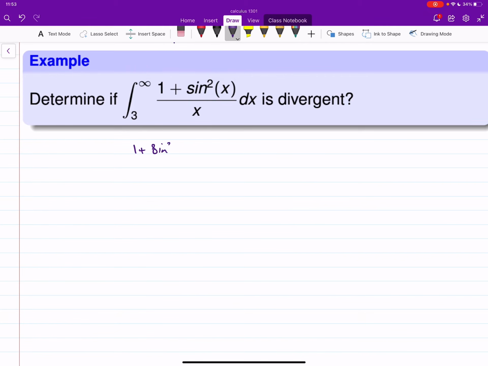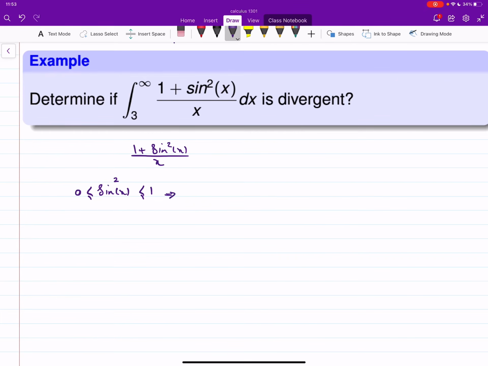our function, sine squared x over x. Okay, so this is my function. Now we are working on x bigger than 3. Now remember this: sine x is between -1 and 1, but when we square it, it's always bigger than or equal to 0 and less than or equal to 1, yes?